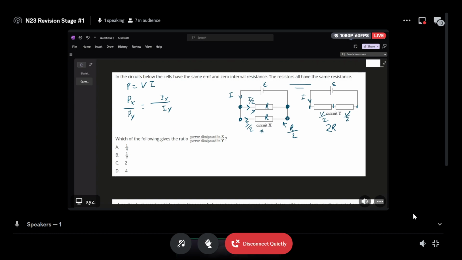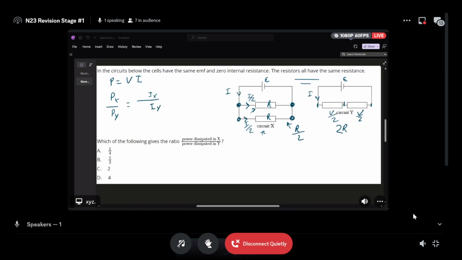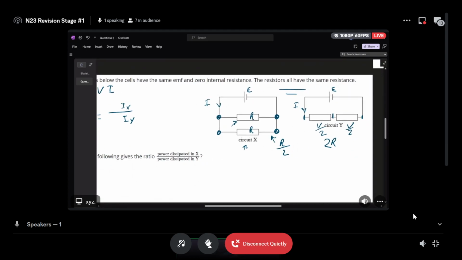So then we just need to solve for the current. Sorry, I'm really bad at explaining this, but here you have Ix and here you have Iy.